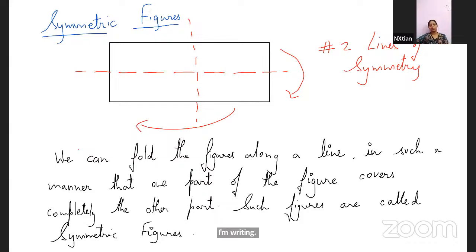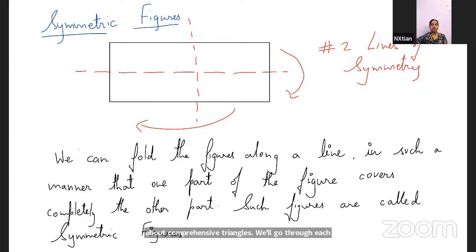Okay. So today we saw a little bit about the meaning of congruency and symmetry. In congruency, this chapter mainly focuses on congruency of triangles. We are going to discuss that in detail. There are three properties about congruency of triangles, and we'll go through each property.